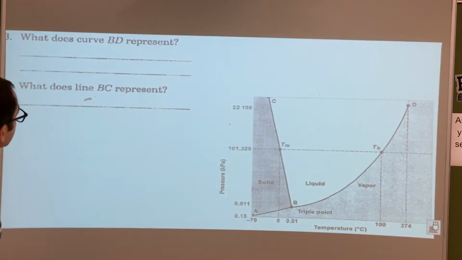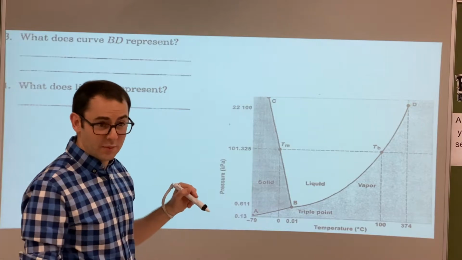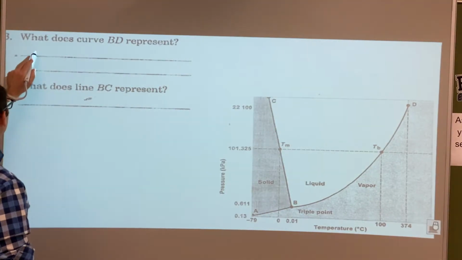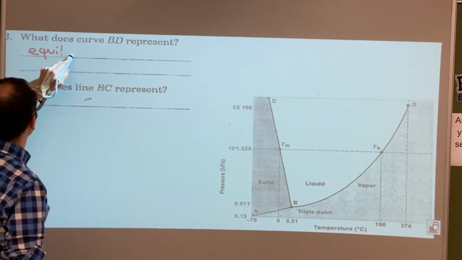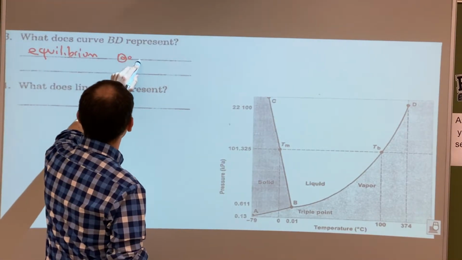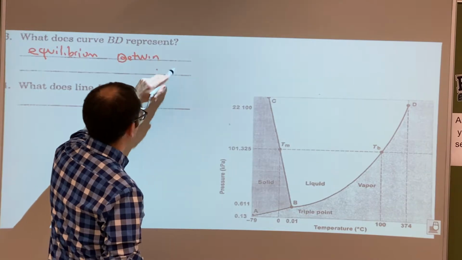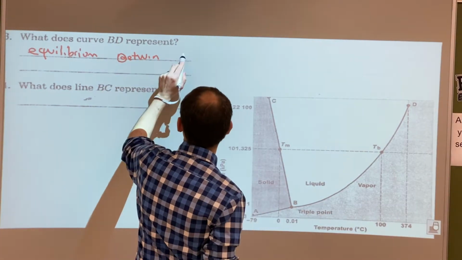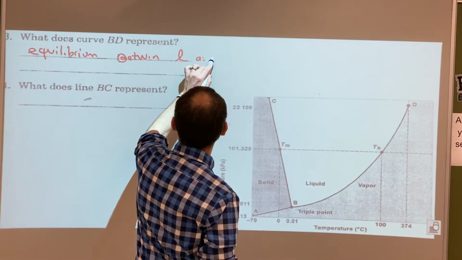Okay, what does curve BD represent? BD, liquid and vapor, right? So this would be the equilibrium between liquid and vapor.